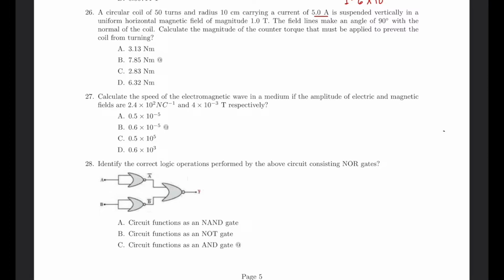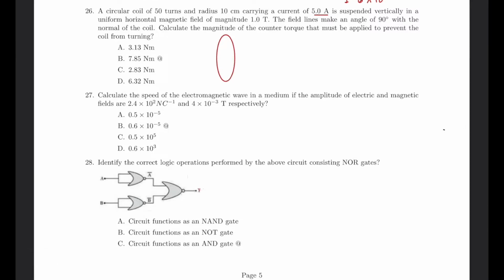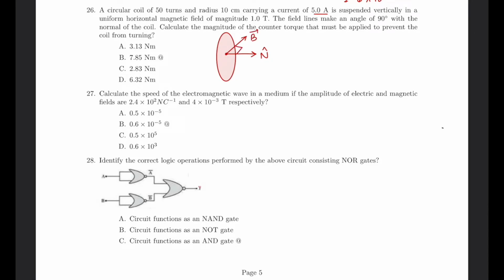So this is your coil, and this is the normal direction, and the magnetic field makes 90 degrees with the normal direction. Now calculate the magnitude of the counter torque that must be applied to prevent the coil from turning.